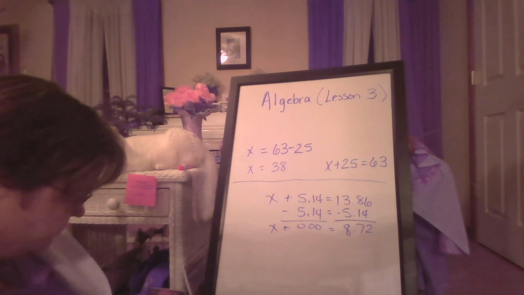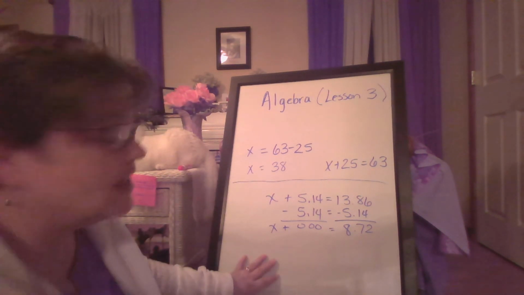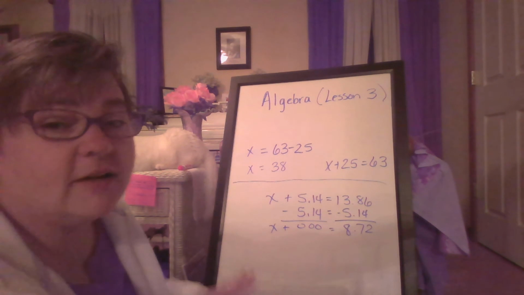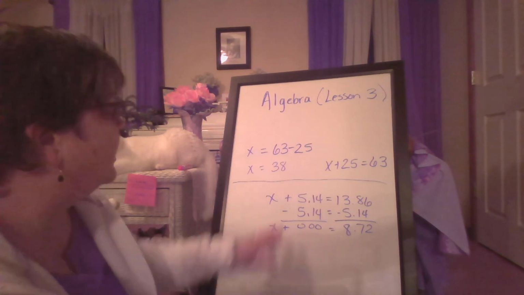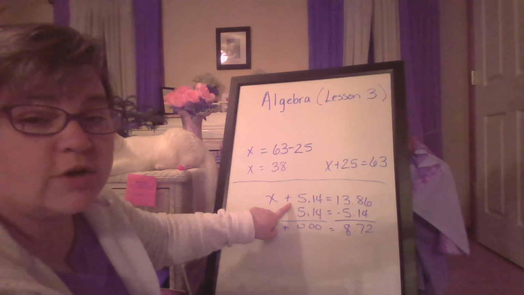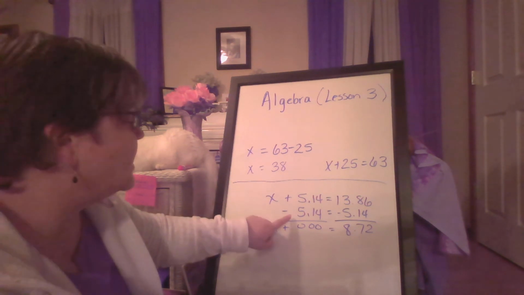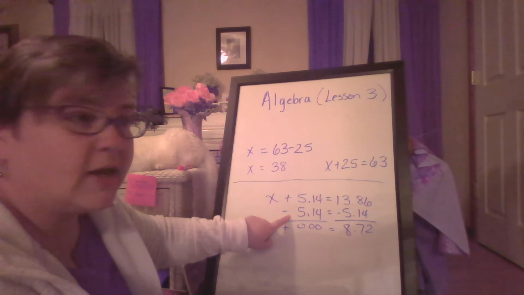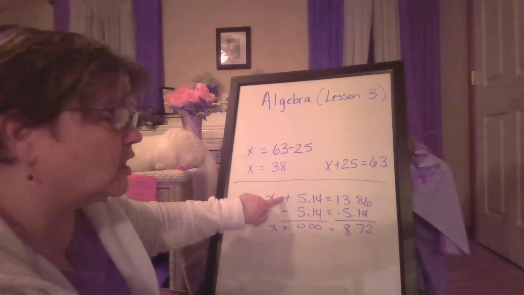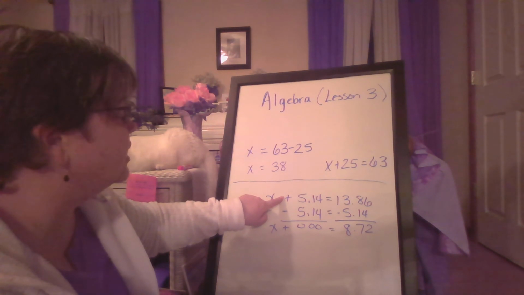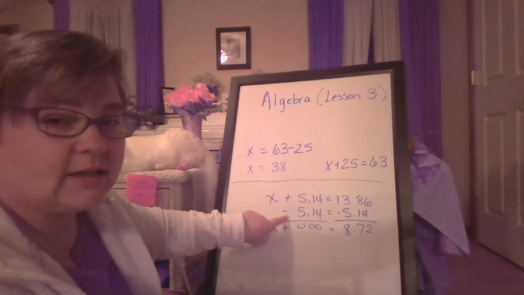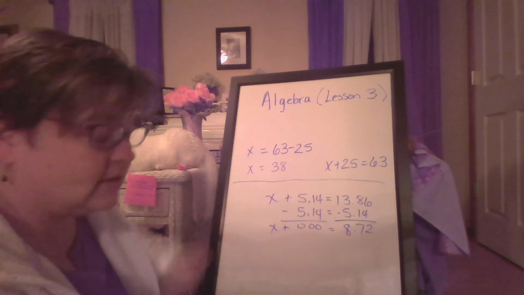Now, what I just did is called undoing. I had addition, and in order to undo addition, I had to subtract. If I had subtraction up here, I can undo it by adding. I have to do the opposite operation.